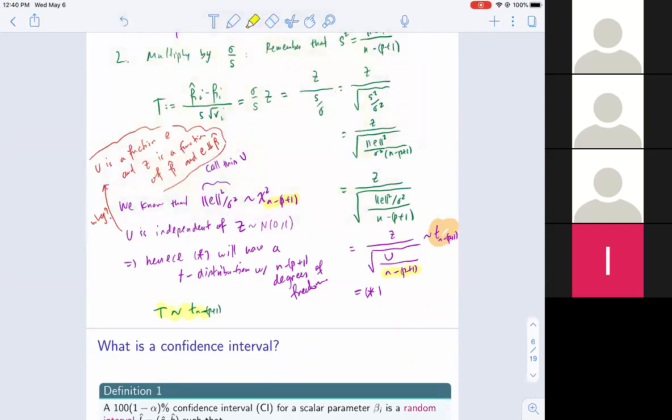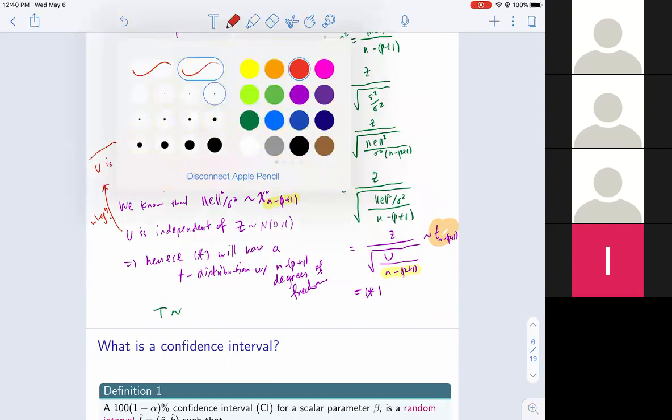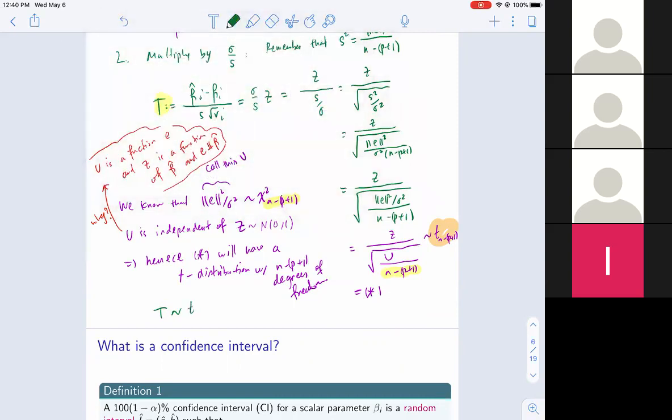So this was the conclusion last time, that t, which is this, has a distribution which is t with this many degrees of freedom. Questions? No questions. Okay.